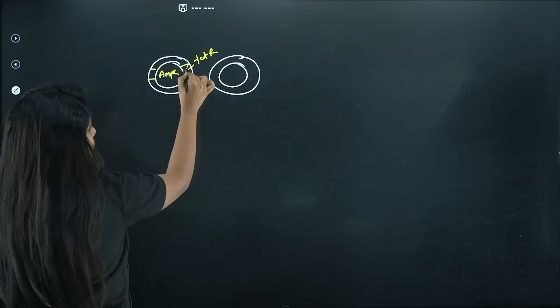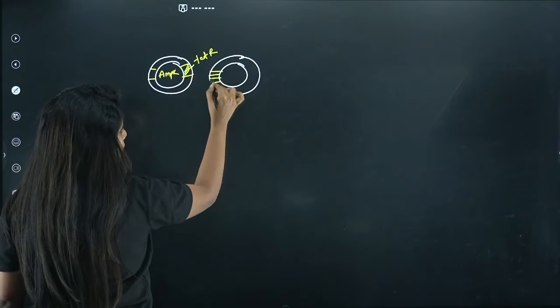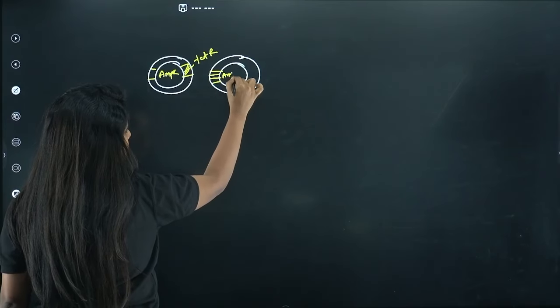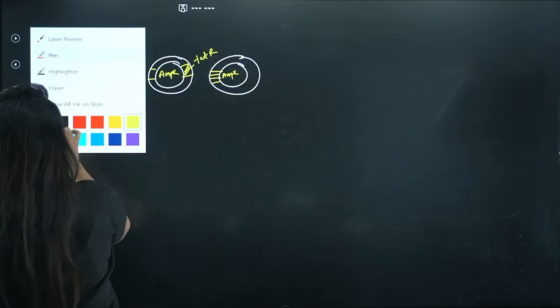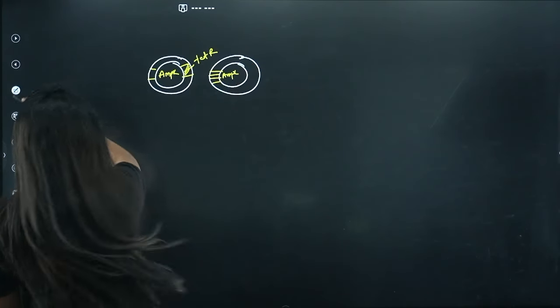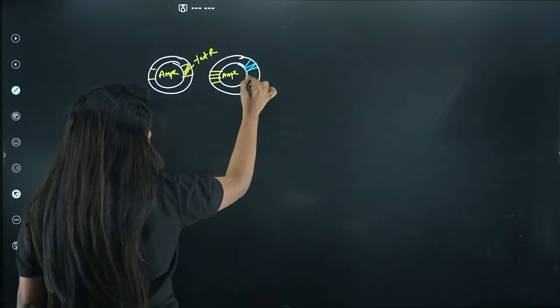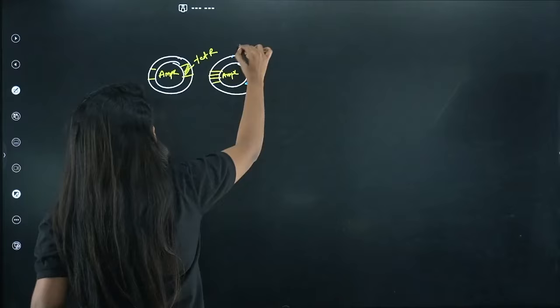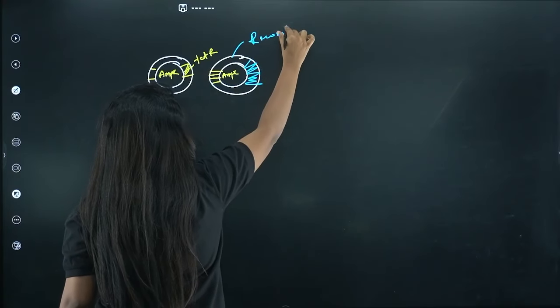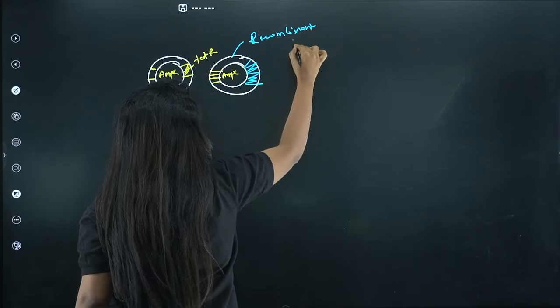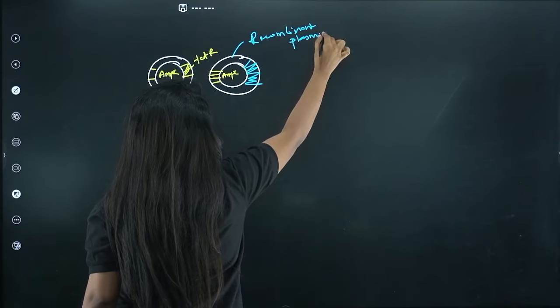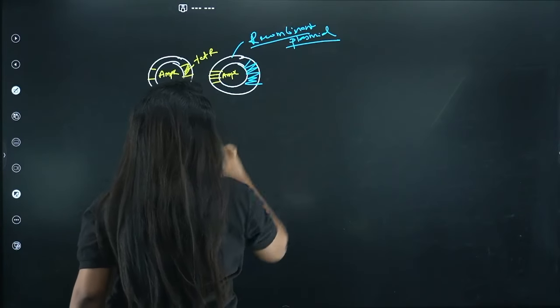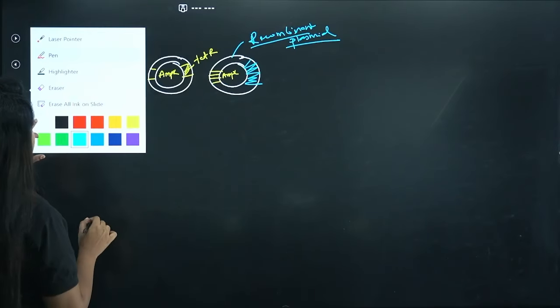This one has ampicillin resistance, and over here you have the gene of interest. Gene of interest I'll show by blue. Which one of them is the recombinant plasmid? This one is the recombinant plasmid.